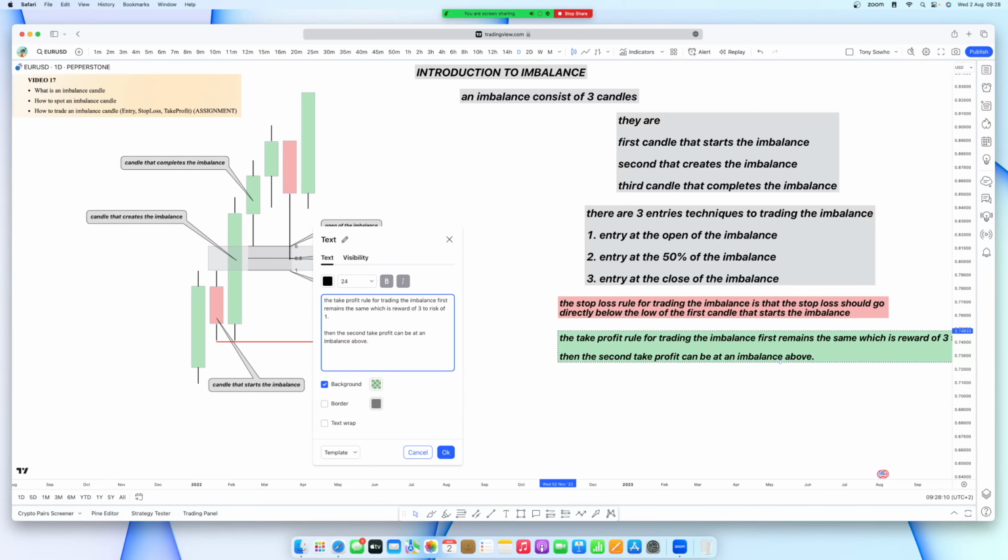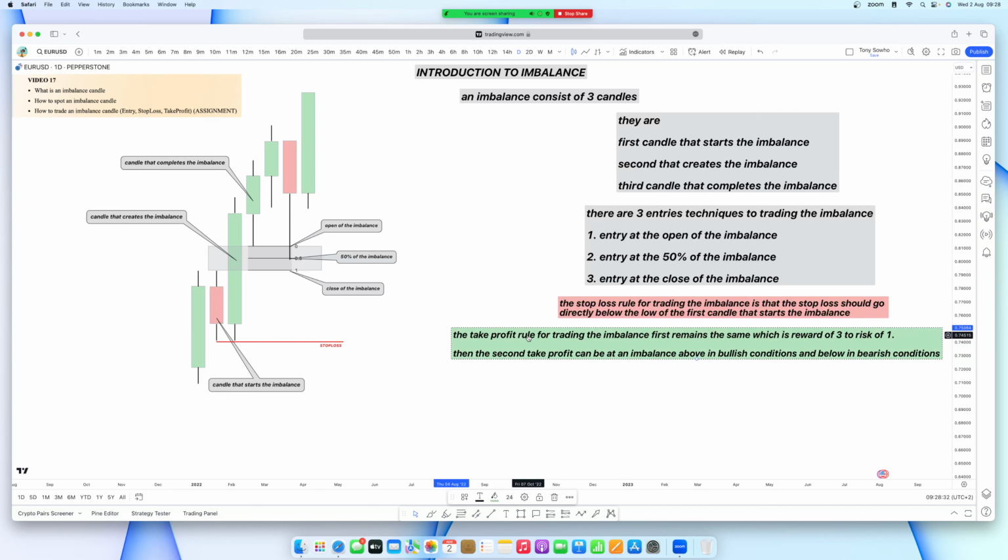Look for imbalances that are above if you're buying. Above in bullish conditions and below in bearish conditions. Exactly.